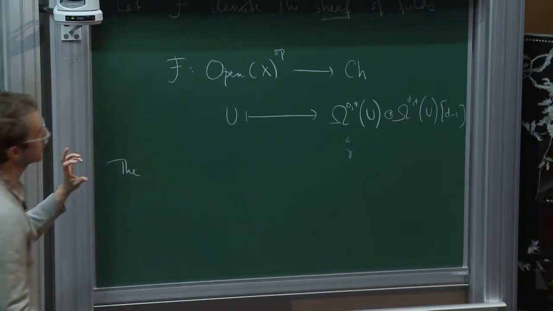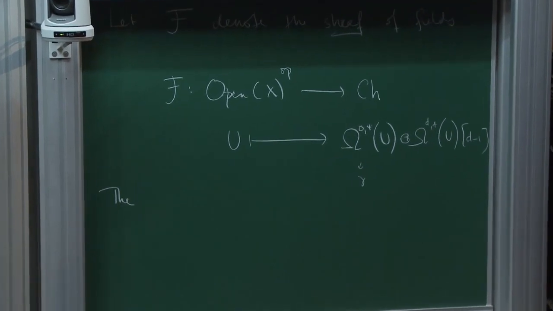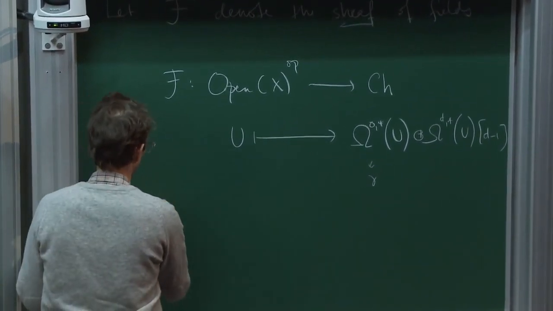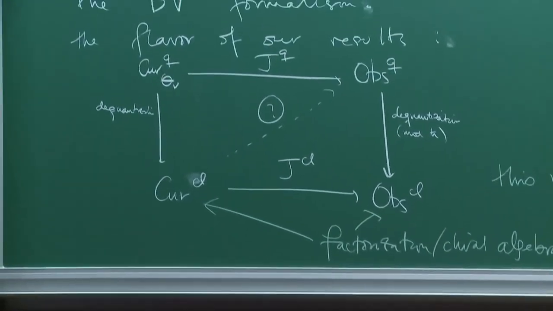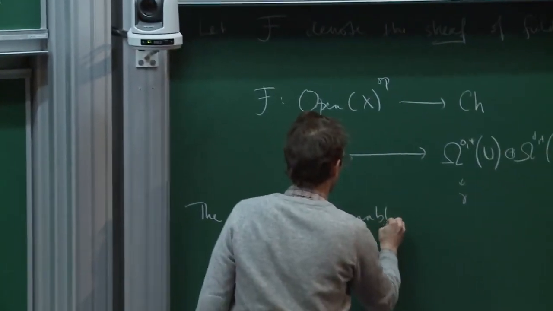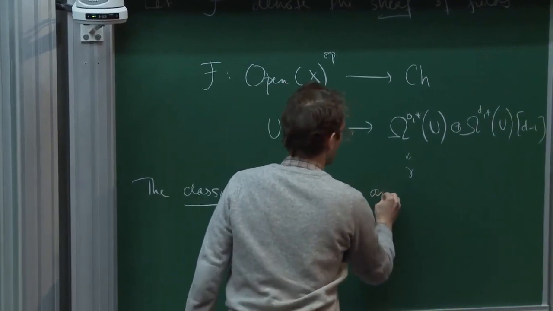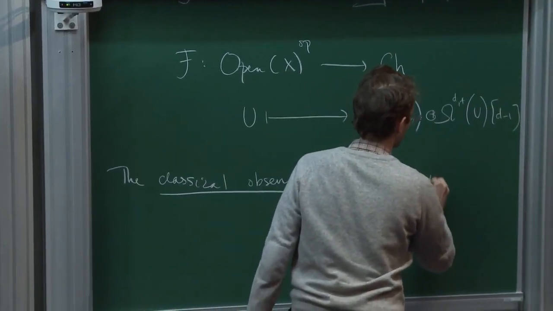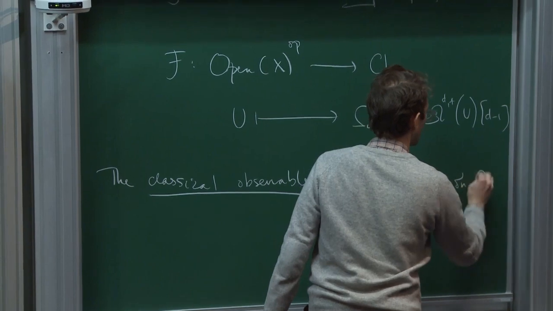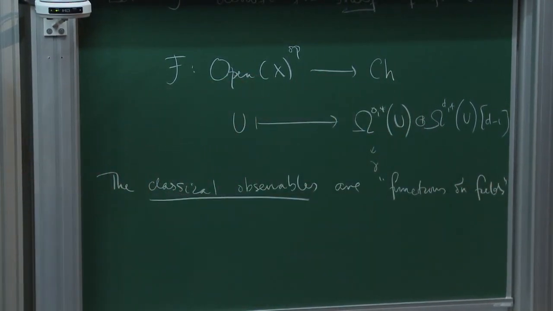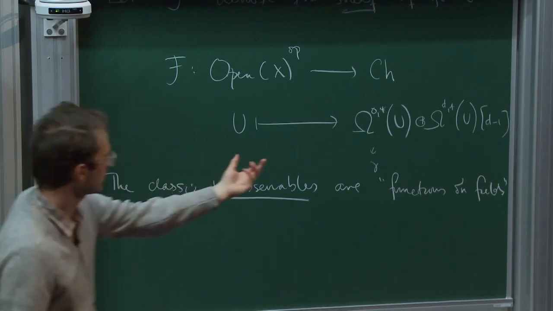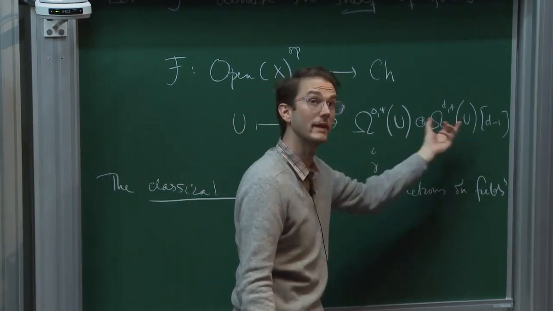Now if I take functions on fields, maybe I should say what I'm trying to do. I'm trying to tell you what this thing is, very briefly. The classical observables are functions on the fields. I'm going to be thinking about polynomial or power series style functions, because these are DG vector spaces.